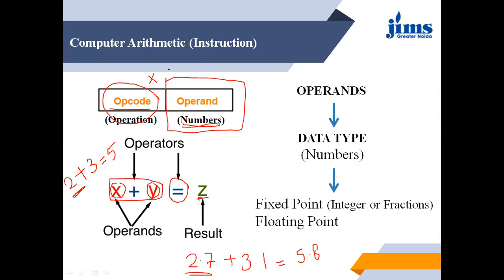As I told you, we are going to study the operand in this unit, and operands are based on the number system, and the number system is the data type. So we have to understand the number system first.